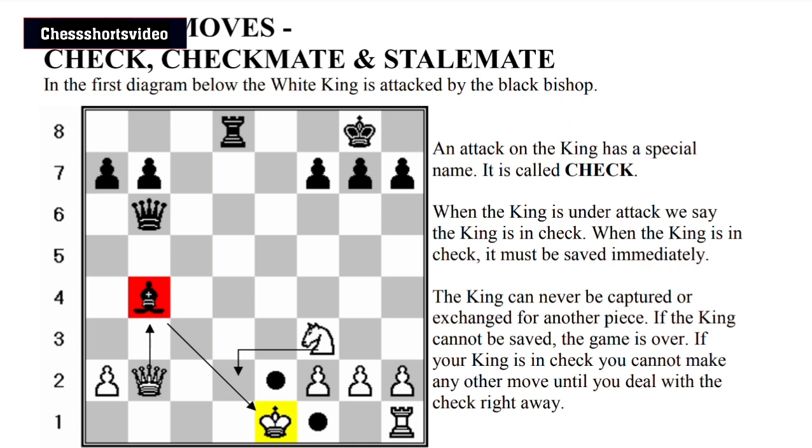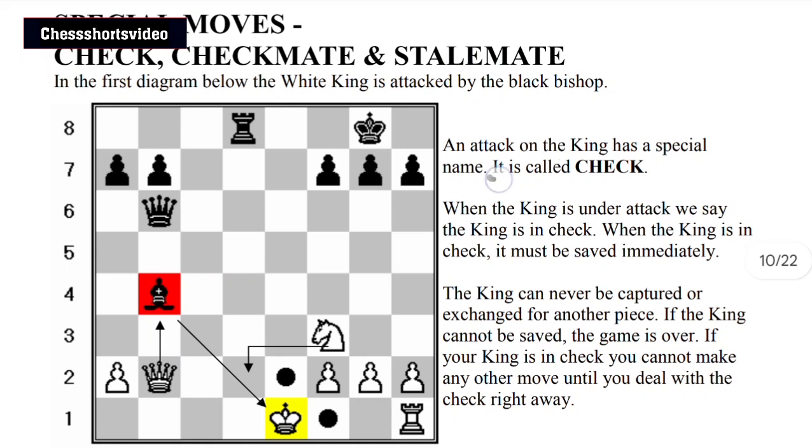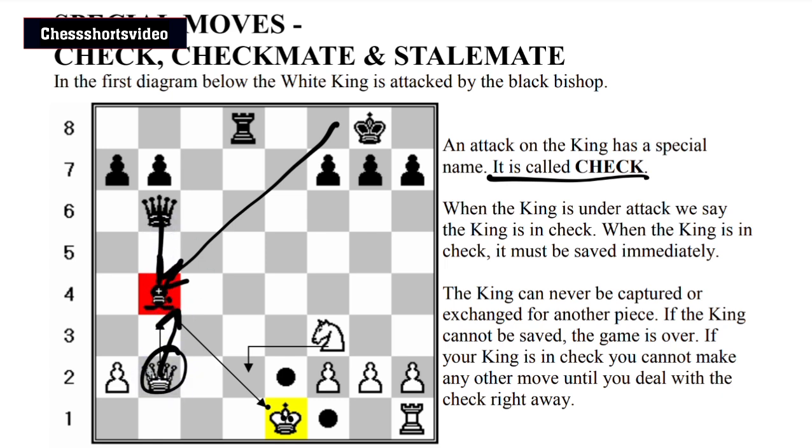An attack on the king from the opponent's side is called check. You show the check in such a way. For example, your rook is in this position and the white king, so you just say check. It means the bishop can capture. Okay, now you can see the queen can capture the bishop, but the queen is protected by your opponent's queen, so you cannot do this.